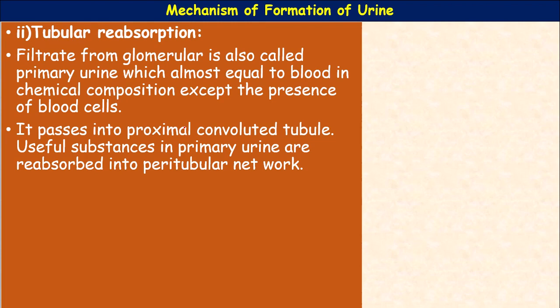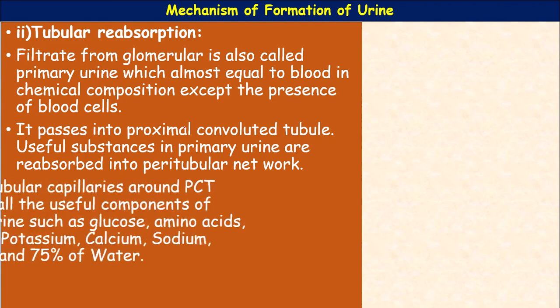This primary urine passes into the proximal convoluted tubule, and useful substances in the primary urine are reabsorbed into the peritubular network.